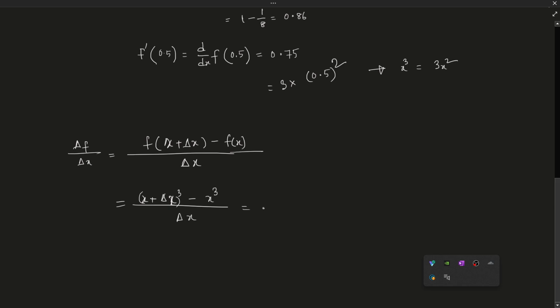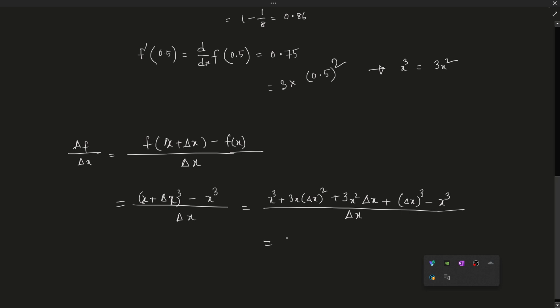If we calculate this, let's put it with the formula. So it's x cube plus 3x into del x square plus 3x square into del x plus del x whole cube, minus x cube, by del x.